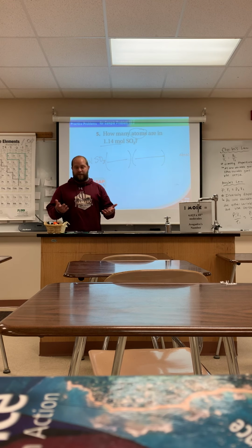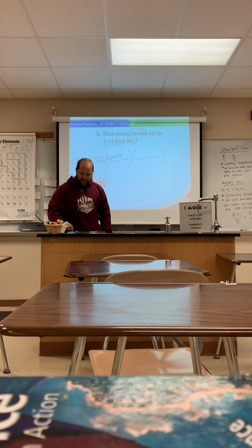The first conversion is going to use Avogadro's number. So you're going to have 6.02 times 10 to the 23rd, and that's going to be molecules, I'm just going to abbreviate molecules, of SO3 per 1 mole.